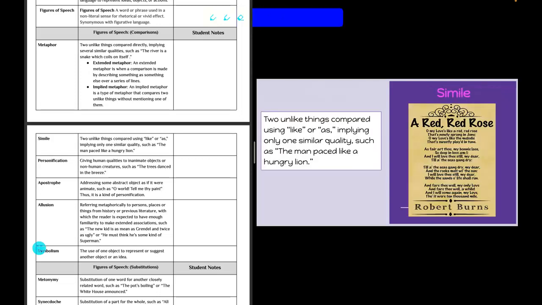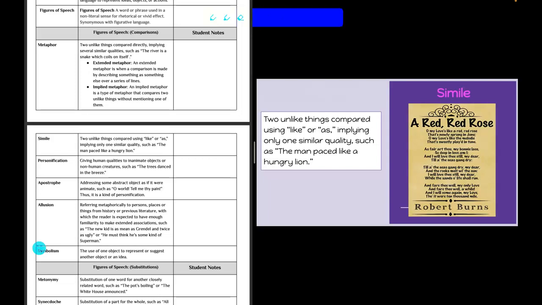A simile is two unlike things compared using like or as, implying only one similar quality, such as the man paced like a hungry lion. Also, along with like or as, if the word compare is used, like in Romeo and Juliet, shall I compare thee to a summer's day?